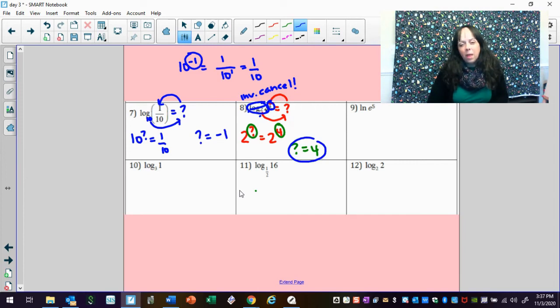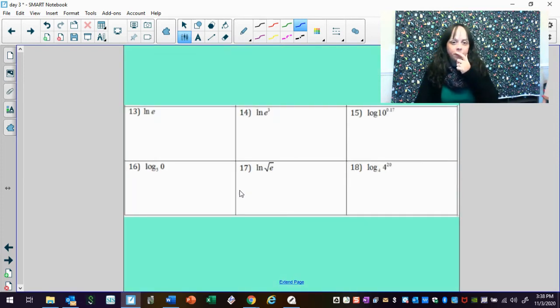Do you see it? Because if you see it, you're going to save yourself some time. Log, where the base is the same as that power, they're going to be inverses and cancel each other out. Let me see if I can find another example of that. I see a couple.